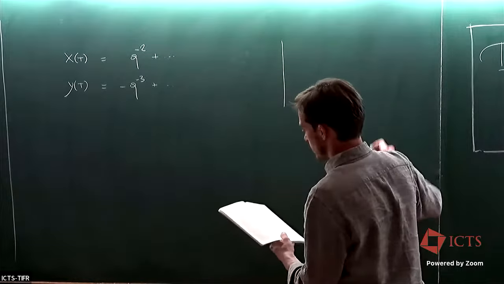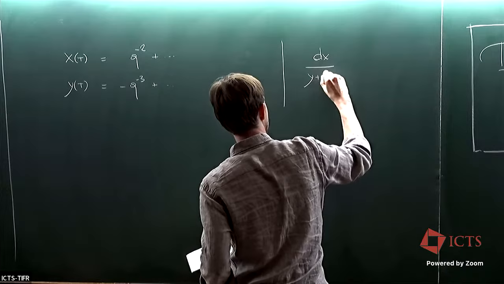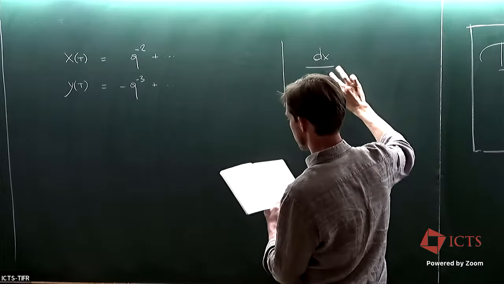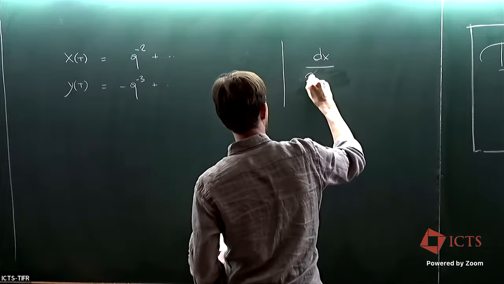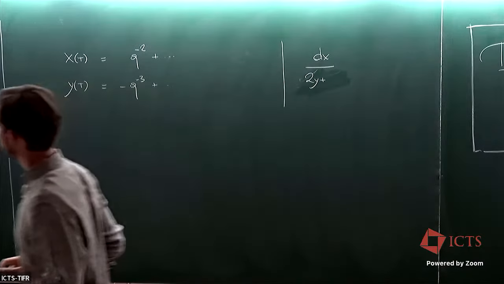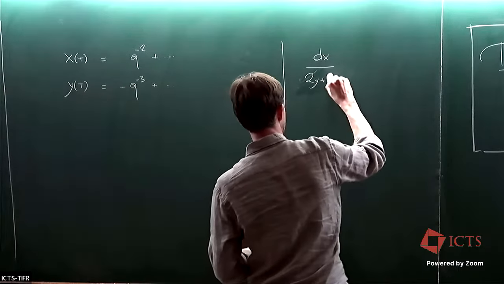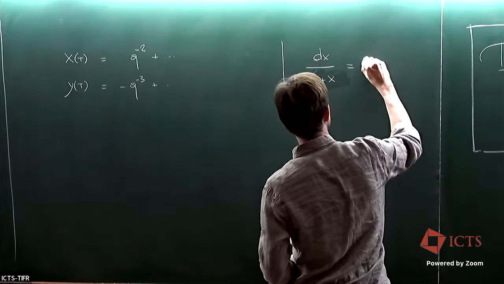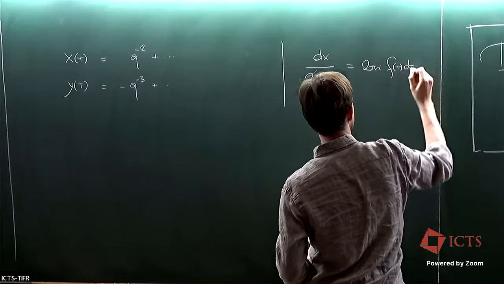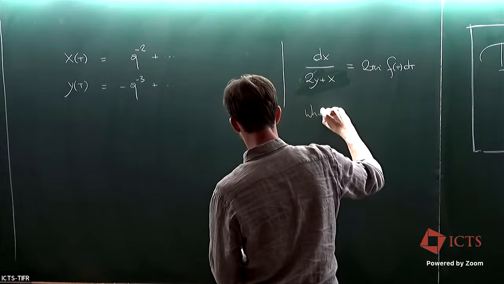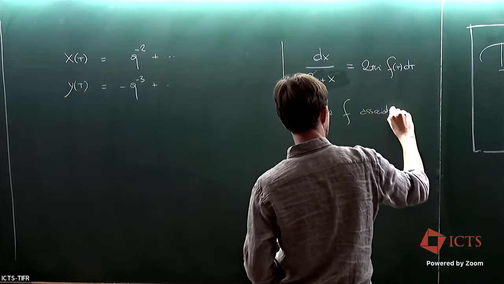If we, in addition, demand that the pullback of the canonical Tate differential, which is dx over (2y plus a1 x), and a1 is 1, must be the same as 2 pi i f(tau) d tau, where f is the associated modular form.